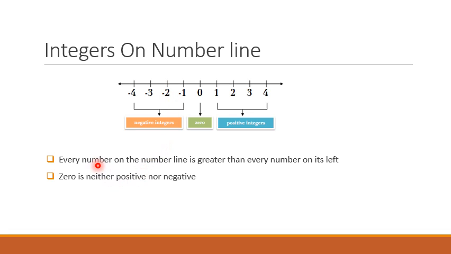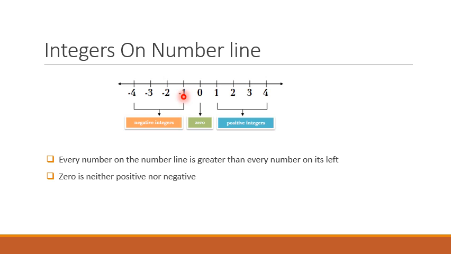Now you can see every number on the number line is greater than every number on its left. Just see, you know the natural numbers. 1 is greater than 0. 2 is greater than 0 and 1. And so on. Now if I move to the negative integers, minus 2 is towards the left of minus 1.